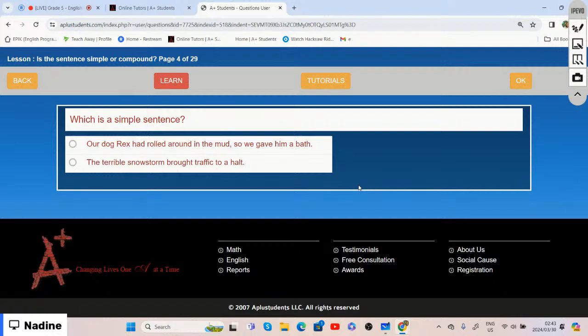Now we're going on to the next one. It says we need to select the simple sentence.